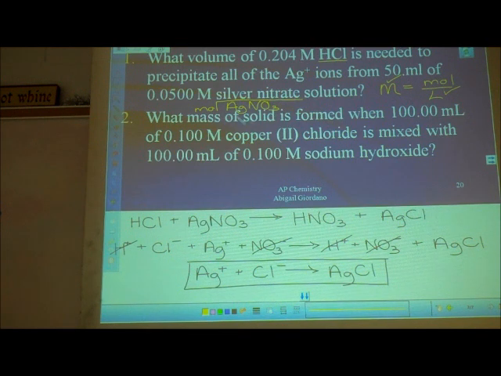Is AgNO3 in my net ionic equation? No, it is not. But what is AgNO3? What part of AgNO3 ended up? Okay.